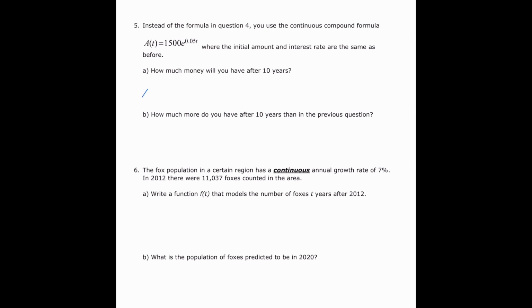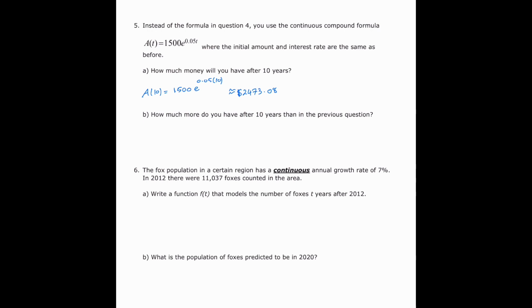So after 10 years, you're going to find A of 10, which is 1500 e to the 0.05 times 10, which is going to be approximately $2,473.08.